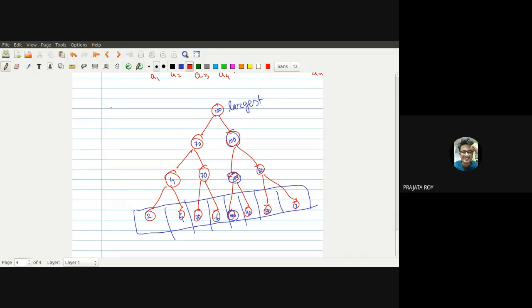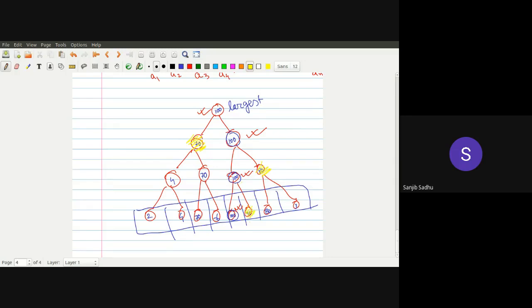So whenever you say it is the second largest, it must have been compared at some point with the largest one. Now where does the largest occur? Largest occurs here, here, here, and here. So the second largest element will be either this one, or this one, or this one.